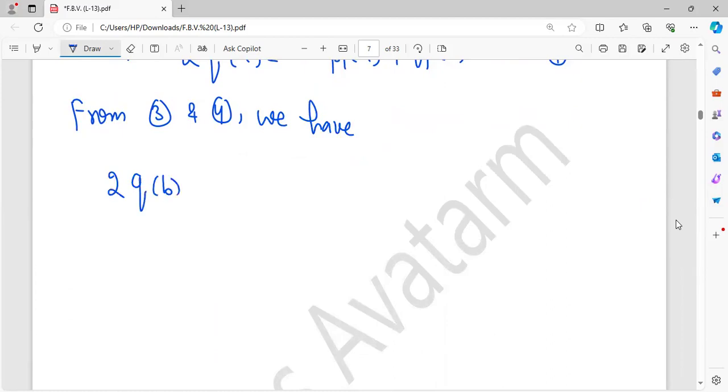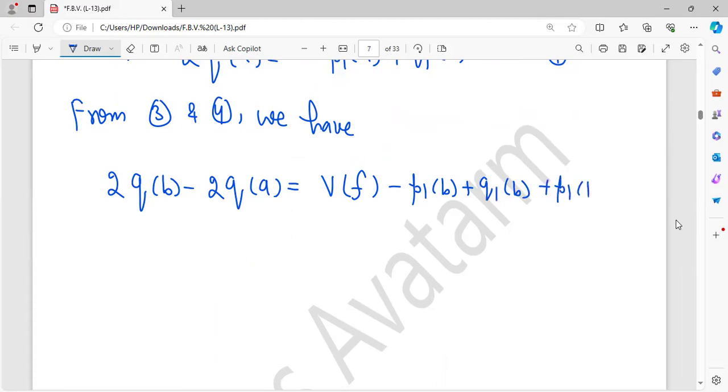2qb minus 2qa. bf minus p1b plus q1b plus p1b minus q1a. So this is a here. Okay.